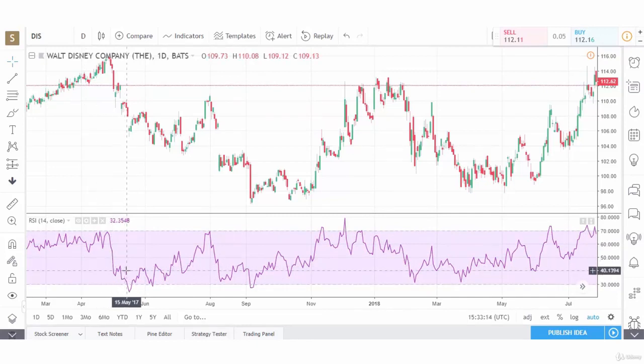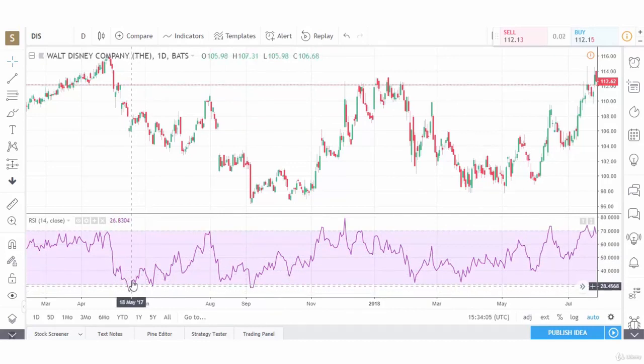We can see first off that the Relative Strength Index doesn't give a lot of signals. We have a buy signal here, here, a couple of sell signals here, here, and then later in the chart. But it mainly trades in the range between 70 and 30. So let's take a look and see how the RSI worked with Disney.